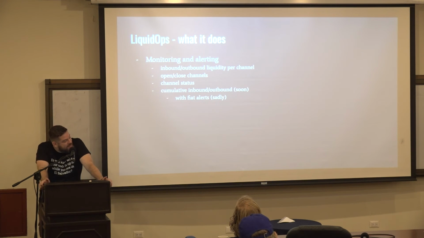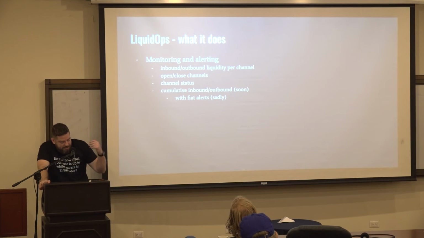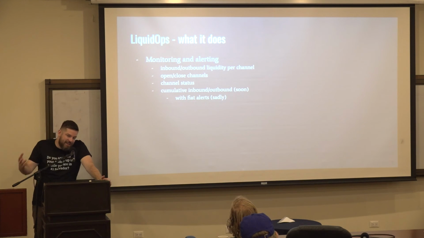So what it does as of today is basically it adds monitoring and alerting capability to your node. We will do a short demo if time permits, but basically you have inbound and outbound liquidity alerts. You can monitor if your channel peers are still up. It's not only important that you have enough balance, it's mostly important that the channel is actually active.